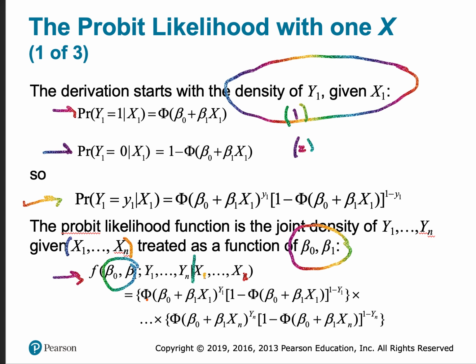And so here you have the density for the first observation, and this is multiplied all the way through the density for the last observation.